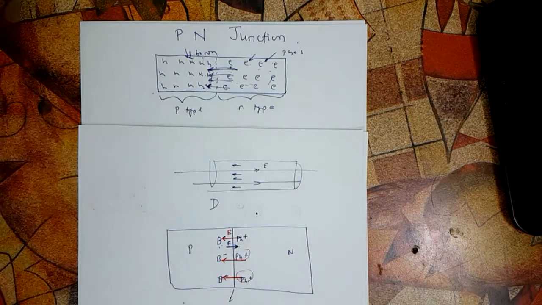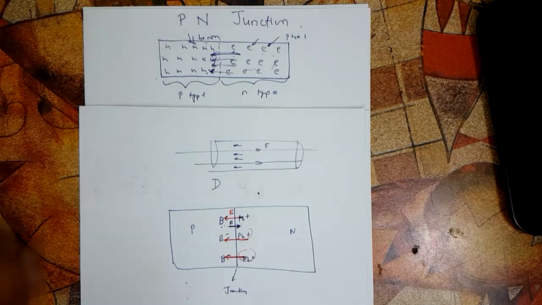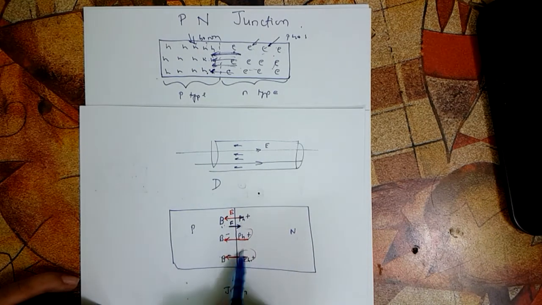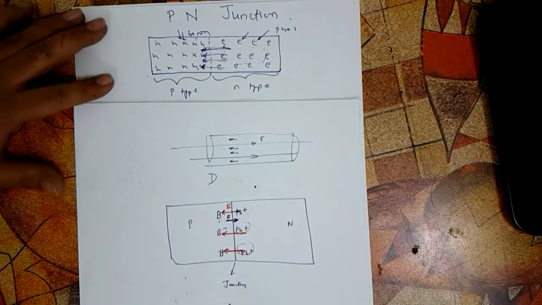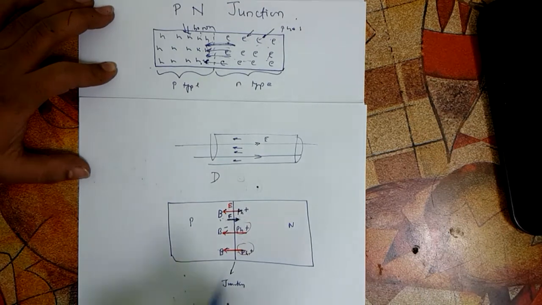So we can say that there are now two different processes. Actually, they are counter processes taking place. Electrons would like to diffuse here towards the left because of concentration gradient, but then electrons will get a force in the opposite direction, and because of that force, the forceful motion, they will start drifting towards the n-type region. But initially, when the diffusion has just started, very few electrons have diffused here, and so very few positive charges and few negative charges.